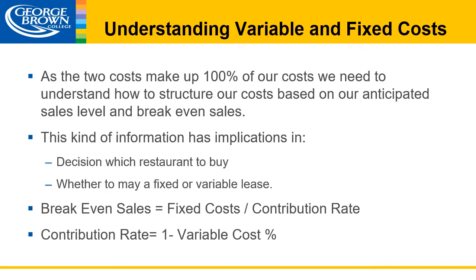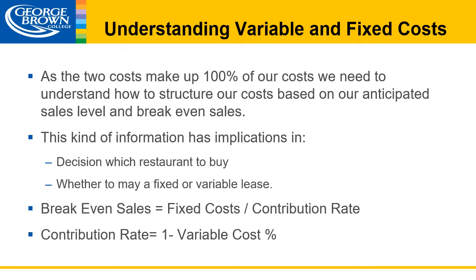From the previous slide, our contribution rate is our contribution margin, which is our sales minus our variable costs, as a percentage of sales. We can also calculate it by taking 1 minus our variable cost percentage, which is our variable cost divided by sales.